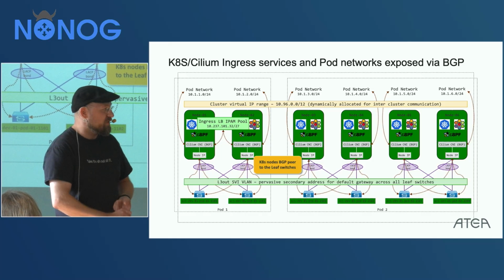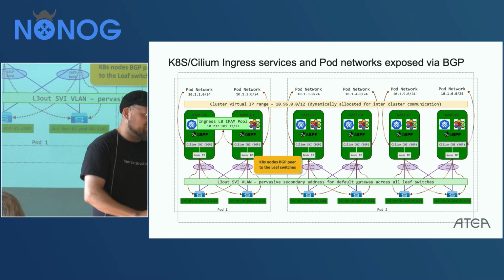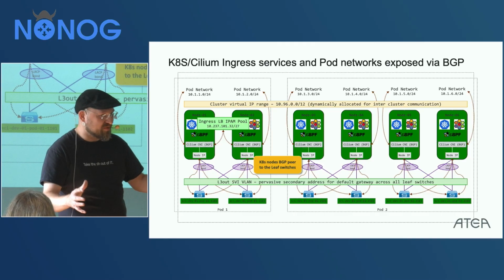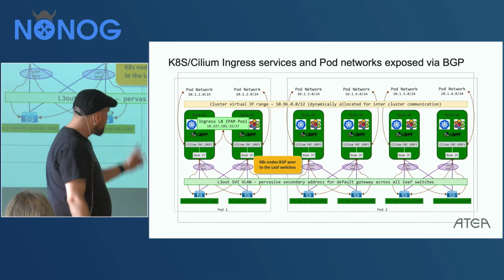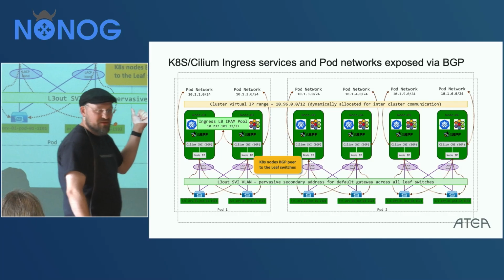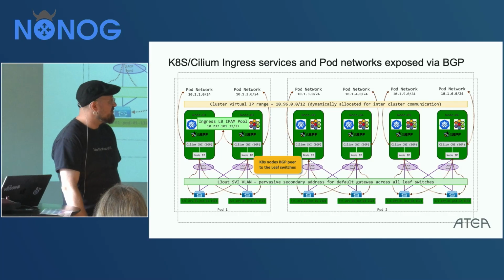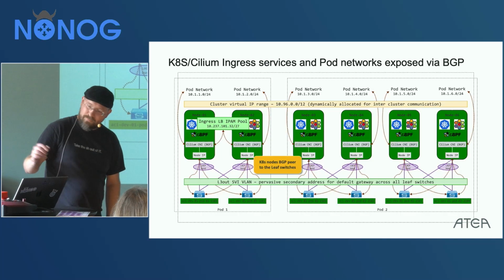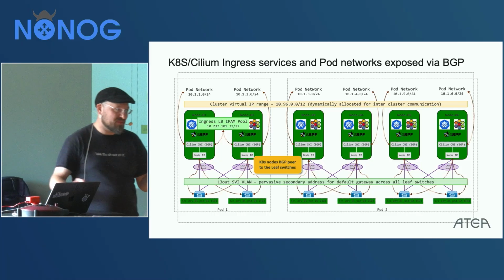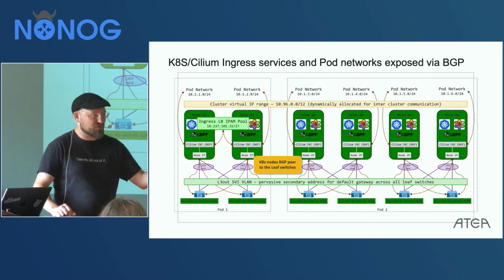When you're running this leaf-spine setup with your AI compute farm, with all the CNIs, you can just configure them to talk over BGP. And I have to say, IPv6 is also supported.